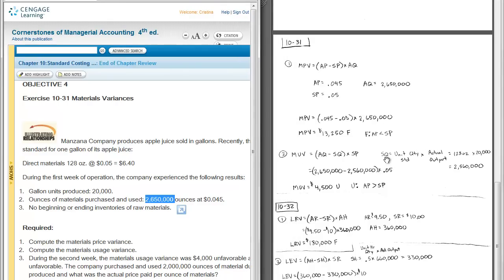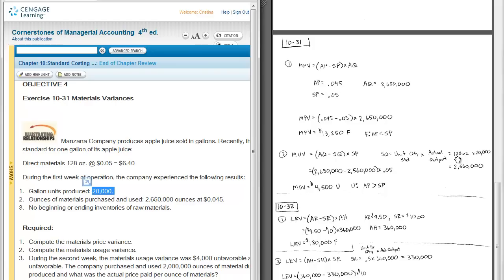We know that the standard quantity is the unit quantity standard times the actual output. So if we look back over to our standards, top half of the given information, the standard here is 128 ounces. We also know the actual output is 20,000 gallons, or 20,000 units if you want to think of it that way.